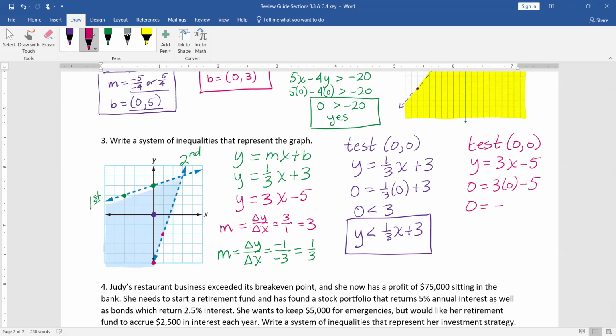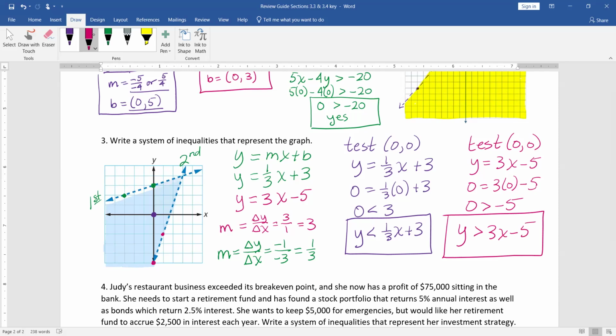So obviously 0 doesn't equal negative 5, but 0 is greater than negative 5. So that means that my inequality symbol for the second one is y is greater than 3x minus 5. And now I have solved my system of equations. Those two are my system.